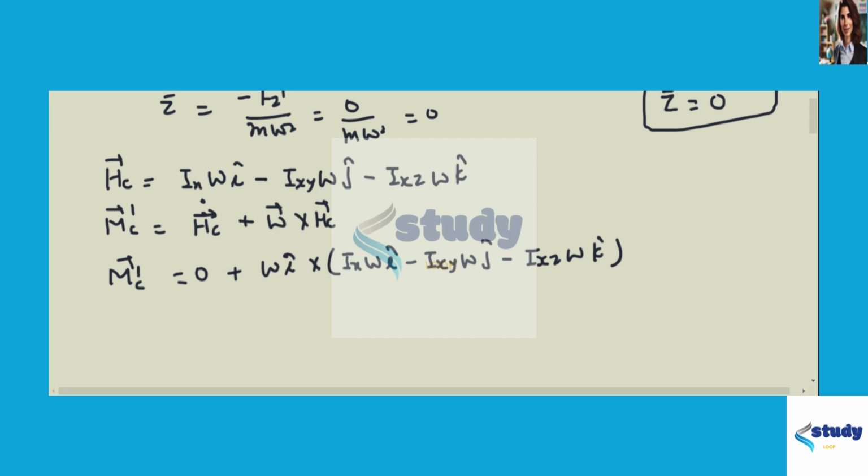You will get M dash C y j cap, M dash C z k cap to be Ixz omega square j cap minus Ixy omega square k cap.